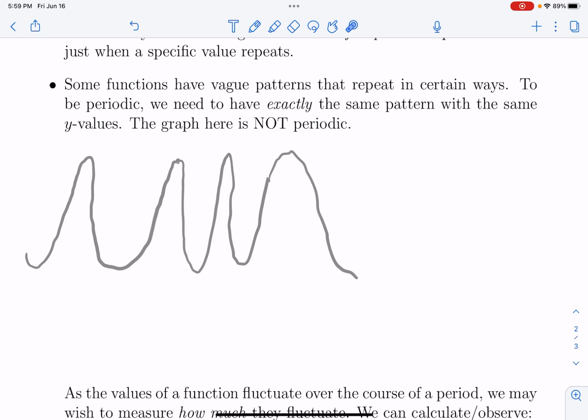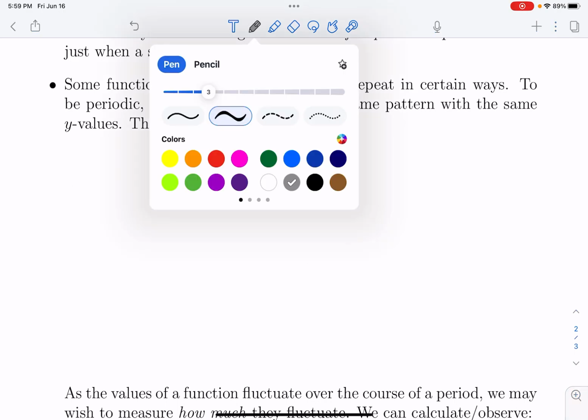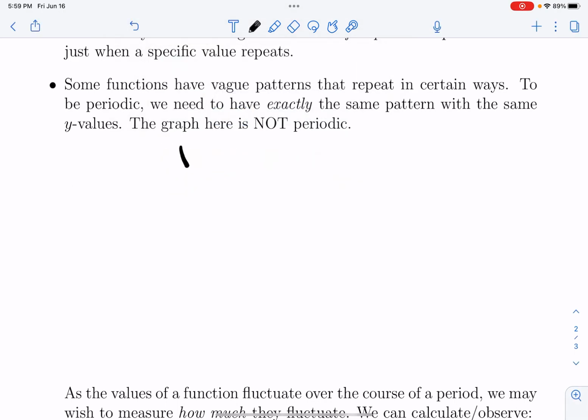So even though there's a pattern of up and down, it's not fully periodic because it's not doing it exactly the same way. Or we might have something where it's doing it exactly the same way but changing heights, right? I could have a graph that goes down 2 units and up 1 unit, down 2 units and up 1 unit, down 2 units and up 1 unit.